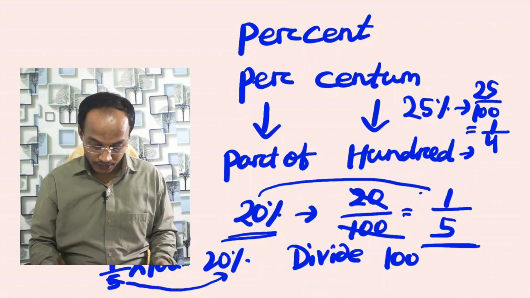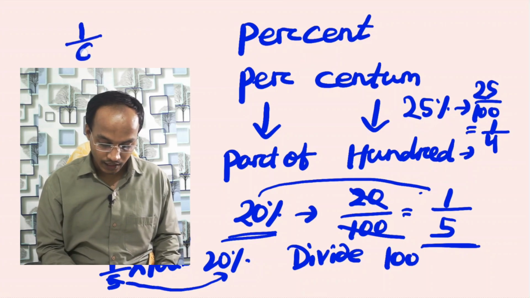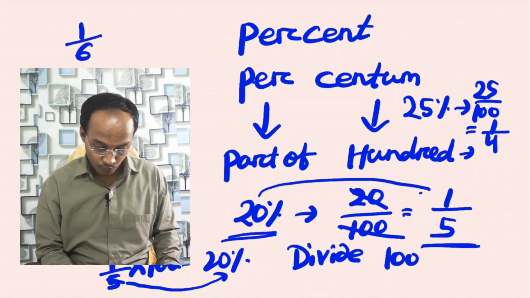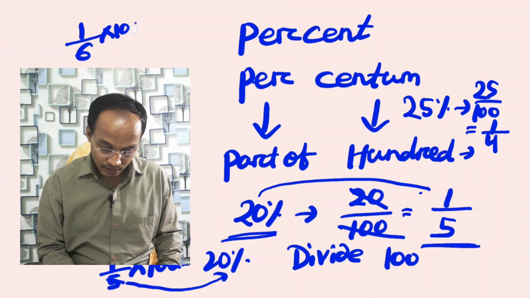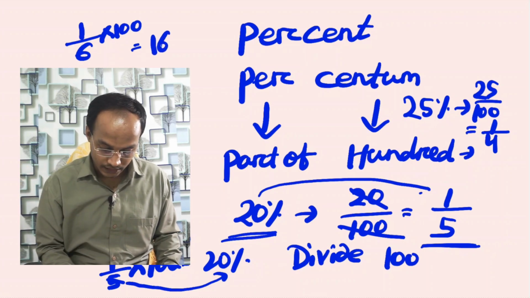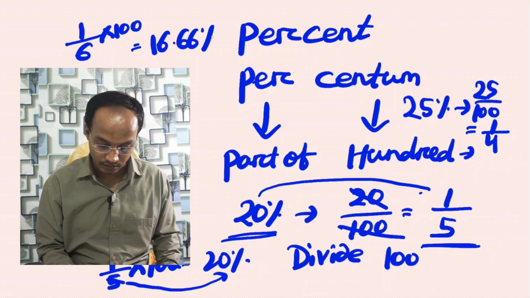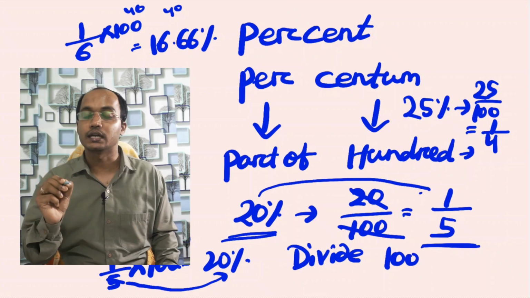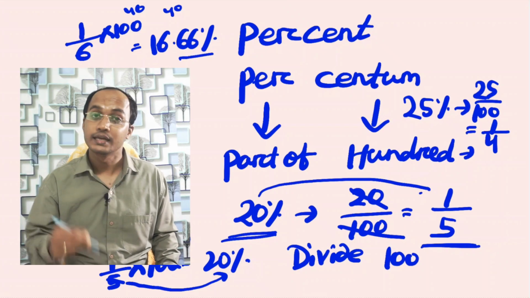If we take 1 by 6 and we have to convert this into percentage, then we have to multiply by 100. If we multiply 100 with this number, it will be 16.66%. 1 means 40, 6 is 36, 4 again, 0.40 means 6 again. So it is 16.66%, 6 is recurring.